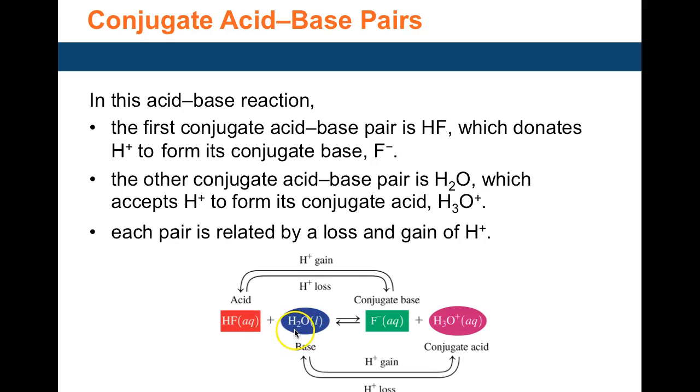Similarly, you have the base, which is water, and if you look at its conjugate acid, it has one H plus more. So the acid part is always going to have an extra H plus compared to its conjugate base. Or the base and its conjugate acid, the acid part will have one H plus more than the corresponding base. So they have to be related by the loss and gain of H plus. Then they're called conjugate acid base pairs.